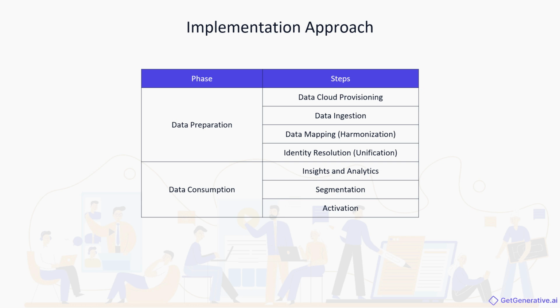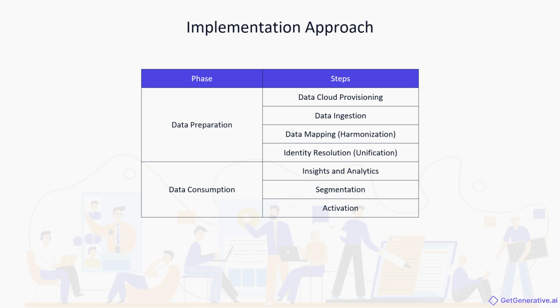Now, from a phase perspective, you have a data preparation phase and then a data consumption phase. The preparation phase is your Data Cloud provisioning. You have to provision a Data Cloud, then your Data Cloud ingestion. In between somewhere comes discovery and architecture, which we'll discuss in the next slide. But then you ingest the data, you perform the mapping, which is harmonizing.